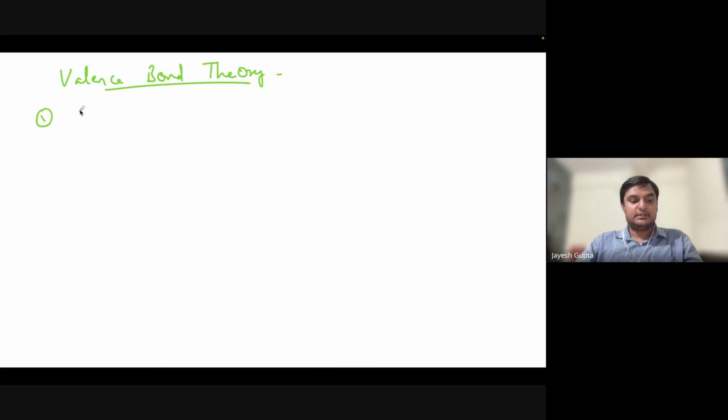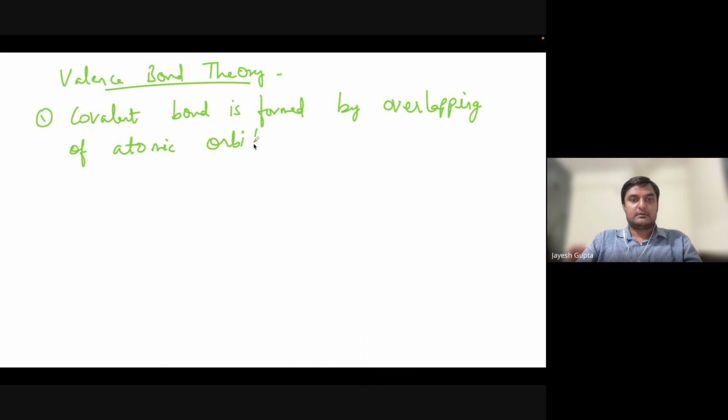First point: a covalent bond is formed by overlapping of atomic orbitals. Atomic orbitals are s, p, d, and f. Okay, so this is the first point that I've already told you.